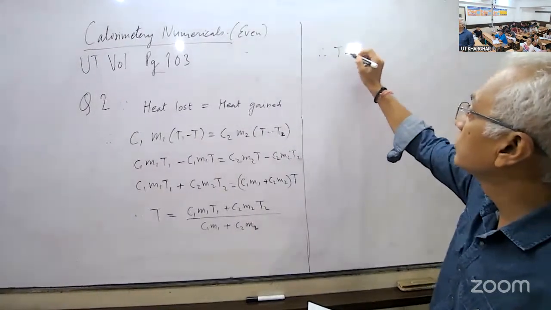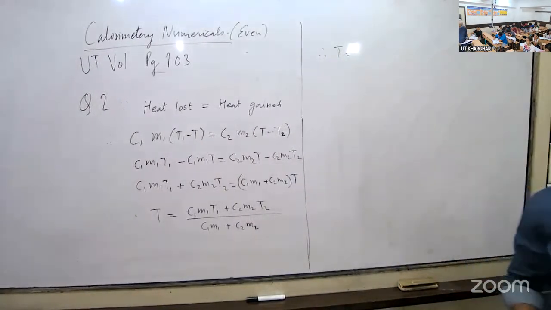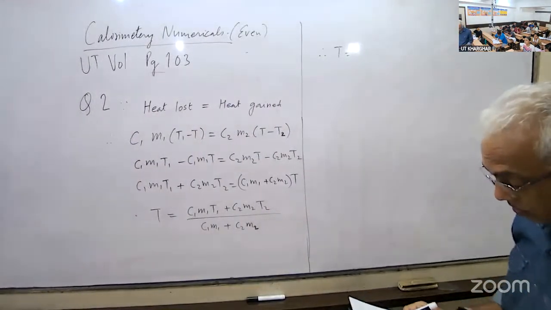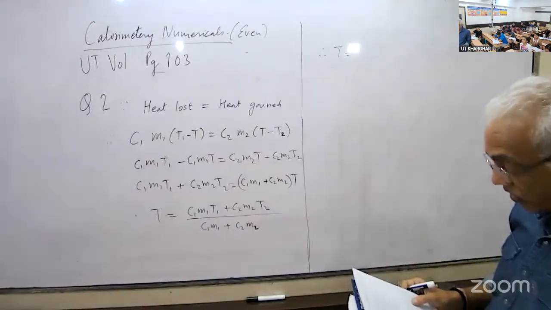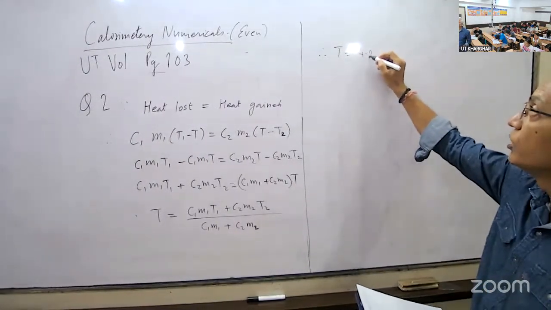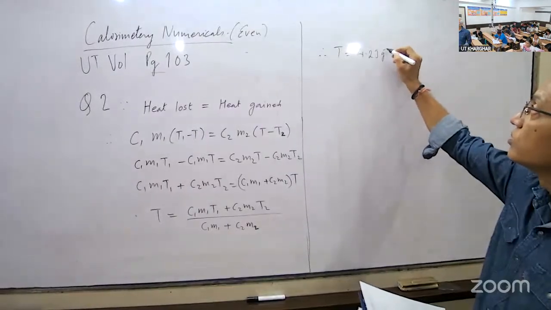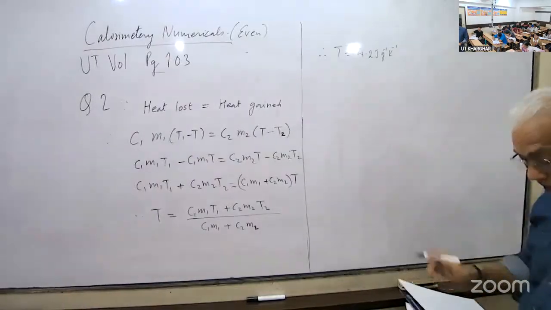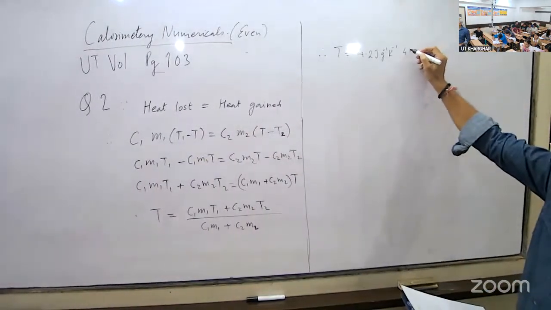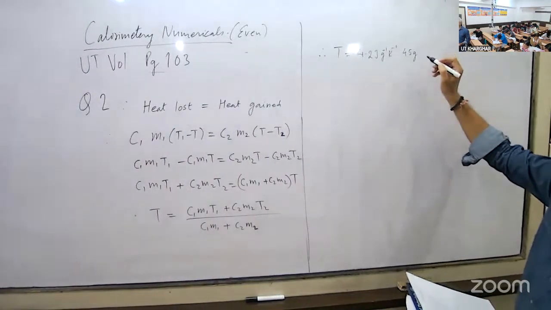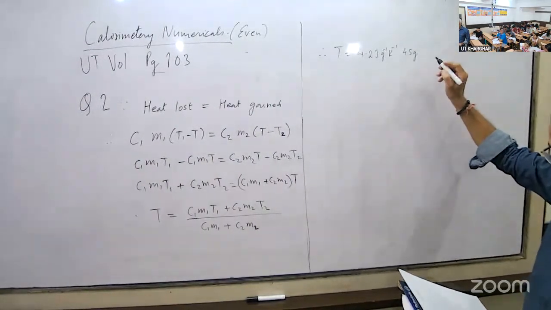Therefore T is equal to, what is the hot substance? The hot substance is water. So what is the specific heat of water? 4.2 joules per gram per Kelvin. That is C1. Mass of water is 45 grams, and its temperature T1 is 50 degrees.